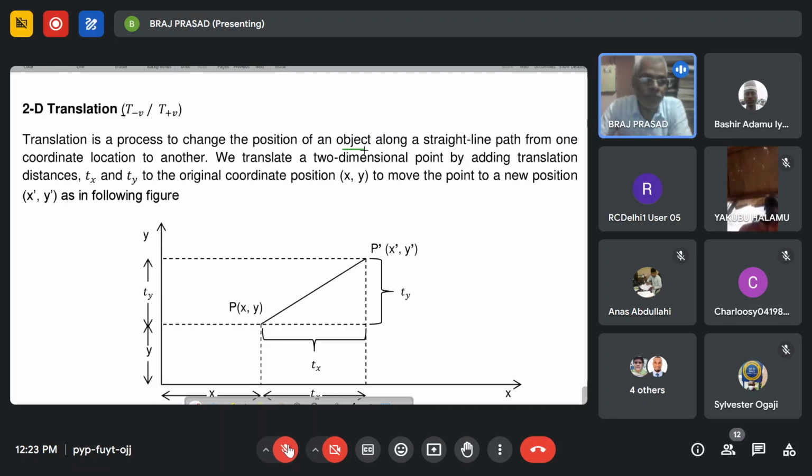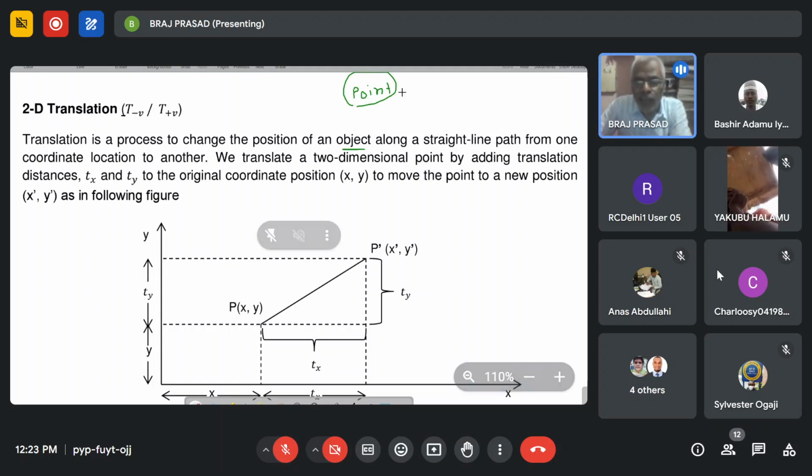But in real life we can use different types of objects also, like a tree, mobile, etc. For simplicity we will always use an object that is a point. Because a point is also an object, for simplicity this point will be discussed in all types of translation or transformation.